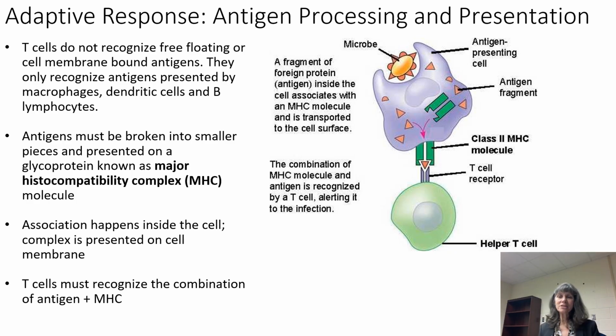And it's the major histocompatibility complex molecule, which once associated with the antigen, will then move outward from that cell to present the antigen to a T cell receptor. And if those match, because remember, structure function, the receptor on the T cell has to match the antigen, then those can combine together.